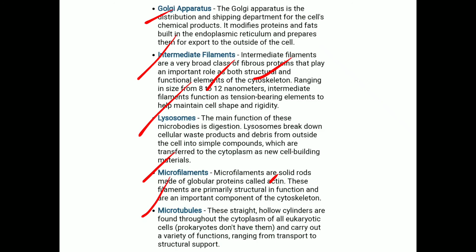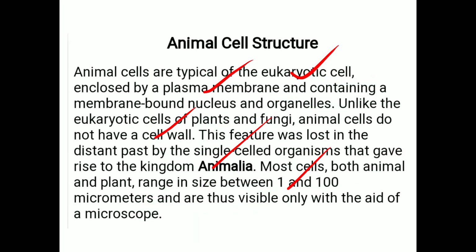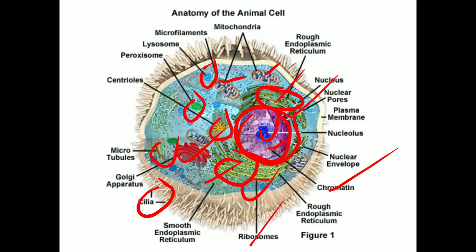Once again, first keep in mind the introduction of the animal cell. Then you have to draw the diagram and label all the cell organelles: plasma membrane, nucleus, nucleolus, nuclear membrane, cytoplasm, nucleoplasm, protoplasm.